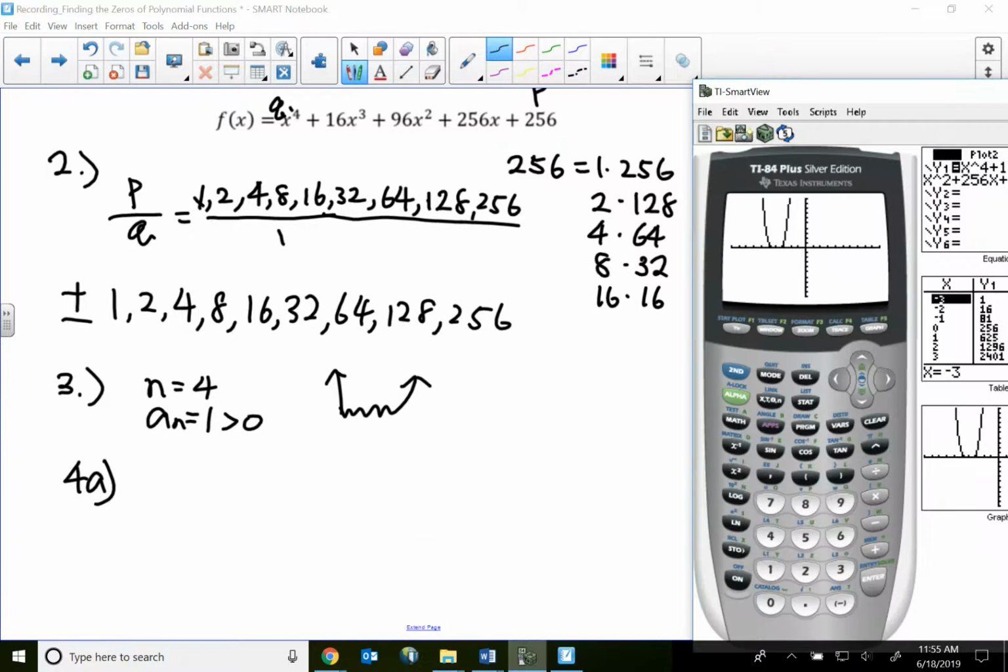Well, we have to look. Apparently negative 2 is right here. I'm going to go from negative 6 to negative 2 in my window so I can have a better look. What's going on? Oh, that's a turn. Okay, so it turned.